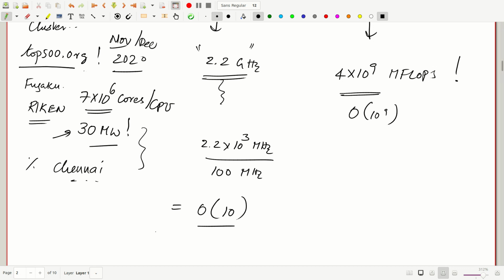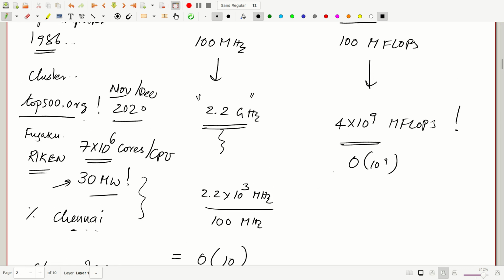So basically the clock speed, or the frequency of the core or the CPU, has increased by tenfold. That's okay. Then what about the number of floating point operations it can perform? That has increased by 4 into 10 power 9 megaflops by 100, right? This is quite large. This is of the order of 10 to the 7, which is very large, right?